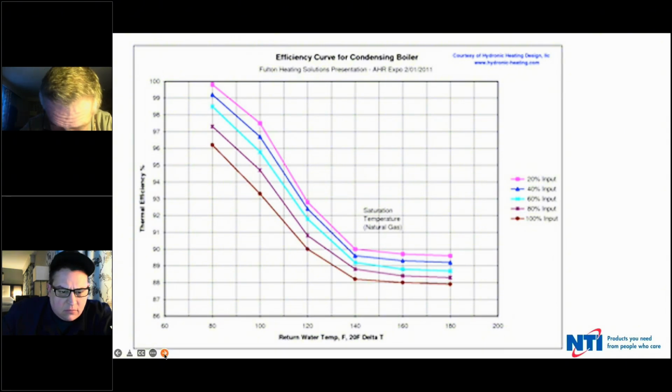But if you look at system temperature, in other words return water temperature, your efficiency goes way up regardless of what your output is as you drop your return temperature. So this chart is basically showing you both those things we were just talking about.